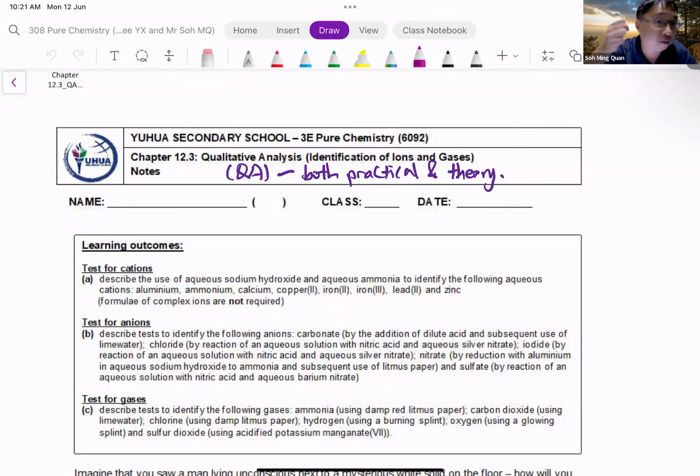Are you supposed to test for a gas? If you are supposed to test for a gas, quickly prepare the test for the gas before you heat anything up. So for example, if you know that ammonia gas is released, you should prepare your moist red litmus paper to test for the ammonia before you even mix any chemicals together.